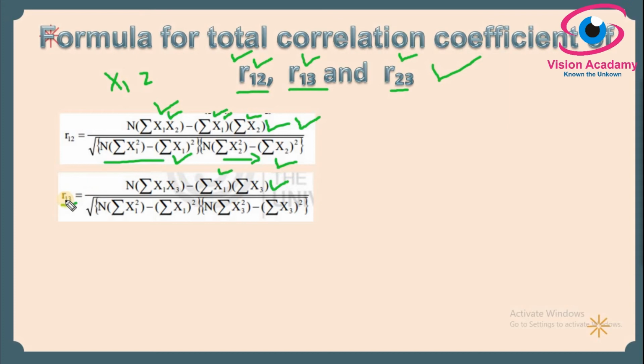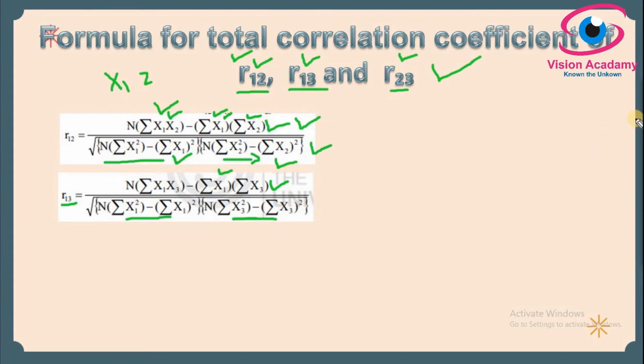In the denominator, the x1 portion is common: summation x1 square and summation x1 whole square. But the second part changes, because in R12 we considered x1 and x2, while in R13 we are using x1 and x3, so we use x3 square and summation x3 whole square.